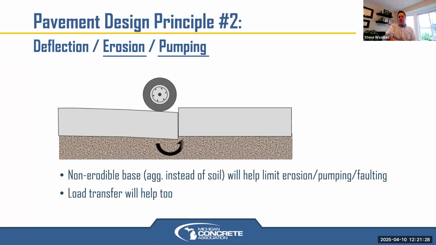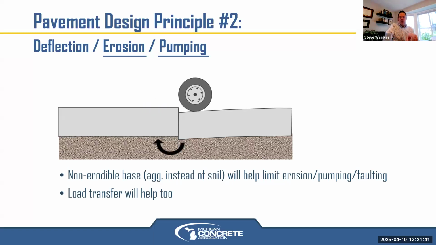Because what happens is that load occurs, and the material, if in a saturated condition, especially in springtime, spring thaw, which is our critical time of year, can be pumped and churned underneath that load and move around if we do have high deflection. So we want to limit that with better bases that don't have a high fine content, as well as, if needed with heavy loads, having some sort of load transfer between slabs.